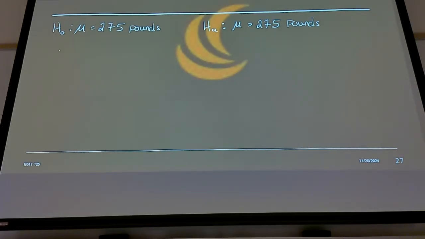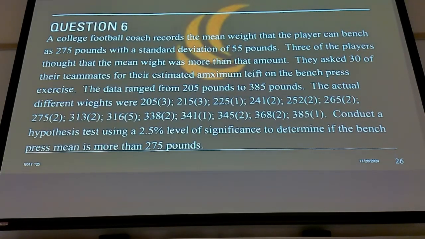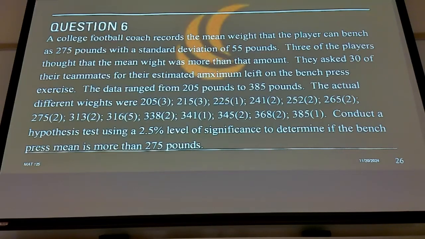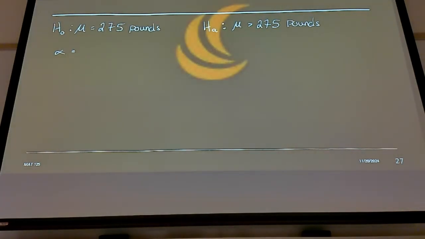What is the significance level? Put that as a decimal. One of those unusual ones. Good news.